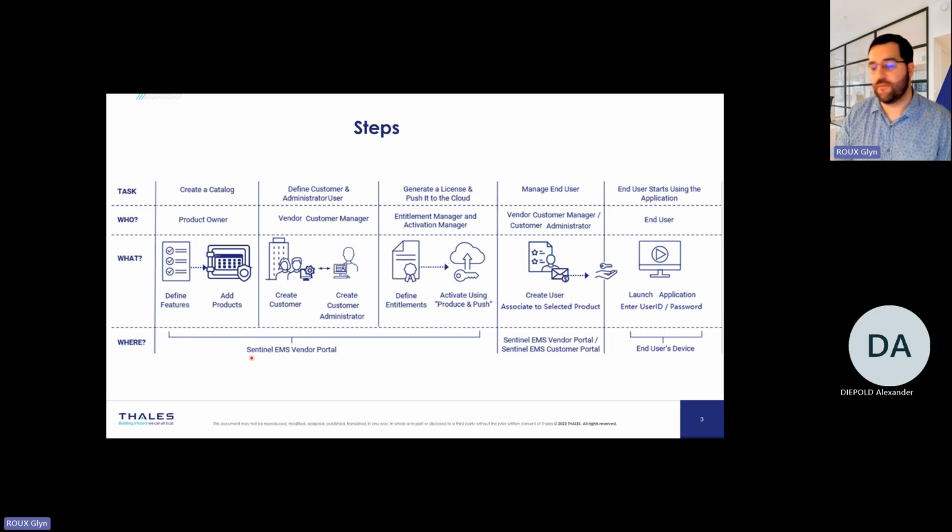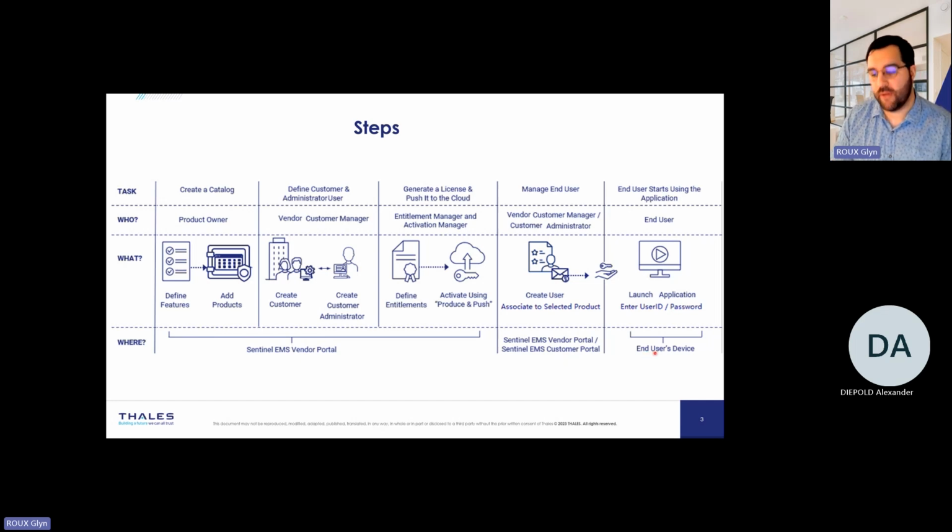The first one is from our Sentinel Entitlement Management System platform as the vendor. Then we're going to switch over to looking at the Entitlement Management System customer portal, and we're going to put on the hat of the customer administrator, in terms of associating those users to the products which have been purchased by your customers.